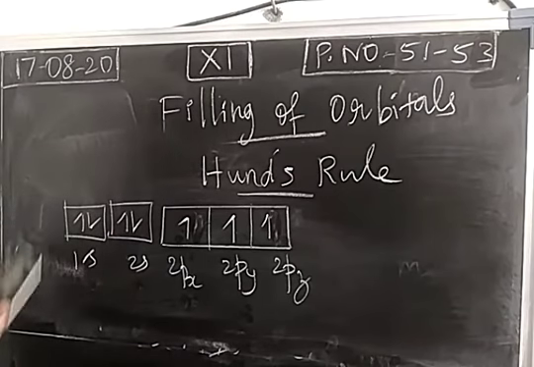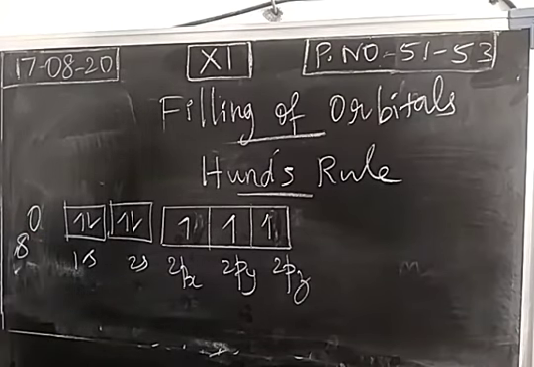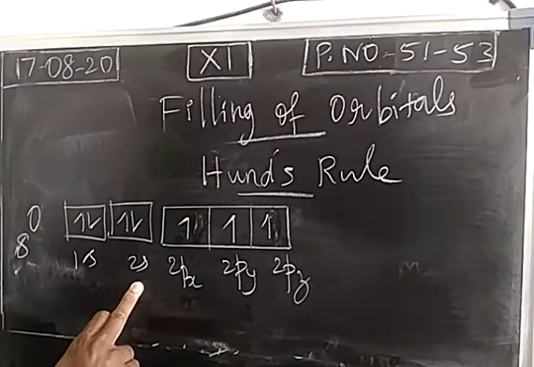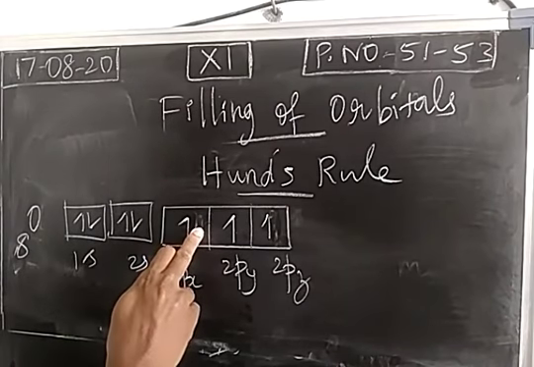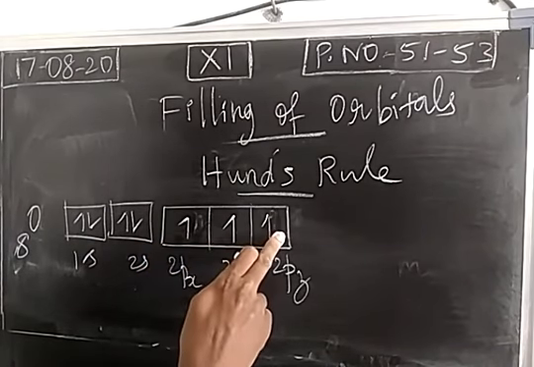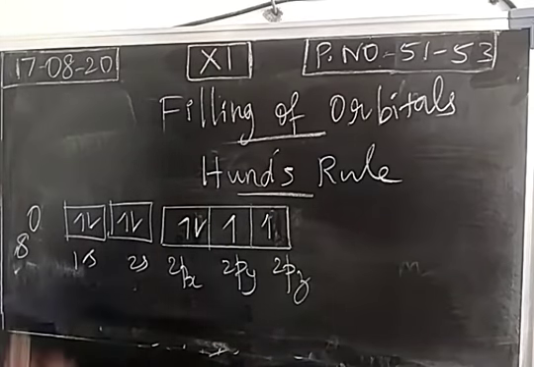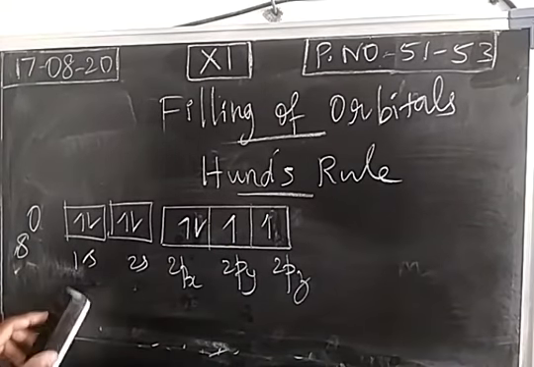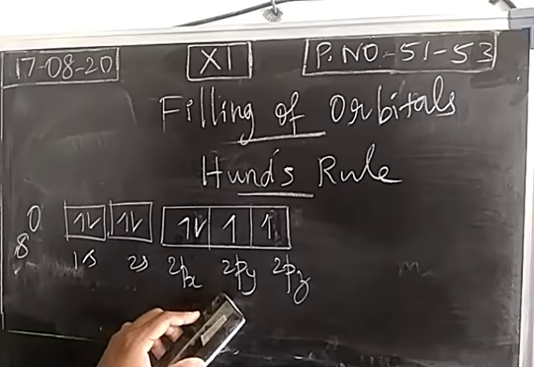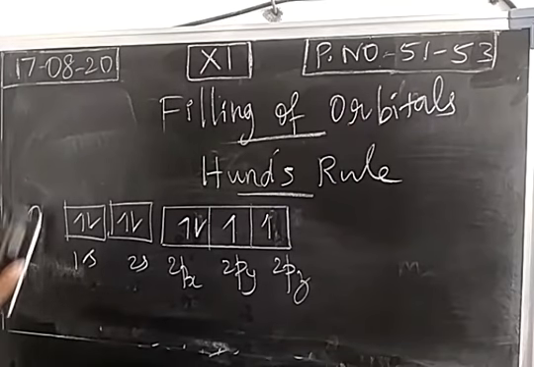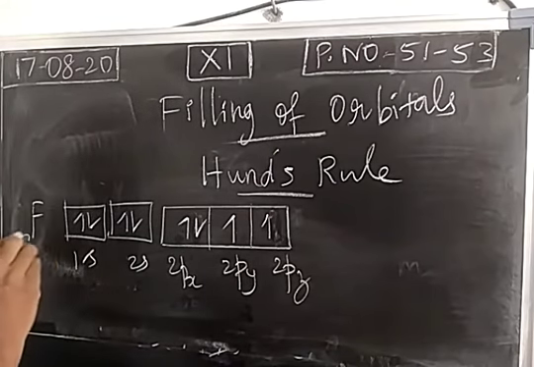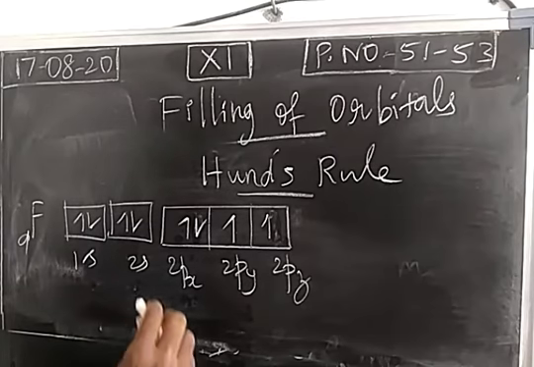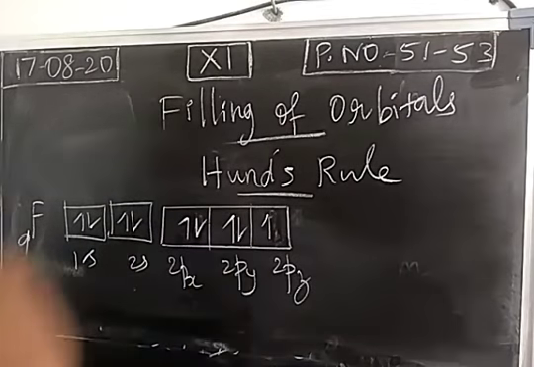Then oxygen, 1s2, 2s2, 5th electron, 6th electron, 7th electron, then 8th electron will be involved in pairing. So electronic configuration 1s2, 2s2, 2px2, 2py1, 2pz1. Fluorine, atomic number 9. 9th electron will be paired.